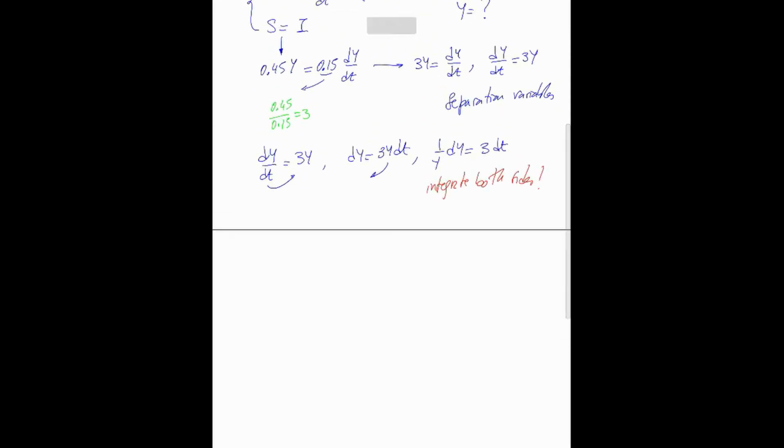Okay, so new page here, and the equation is 1 over y dy equals 3 dt, and then integrate this and this, so we get the log of the absolute value of y equals 3t plus c. Two things here to remark.